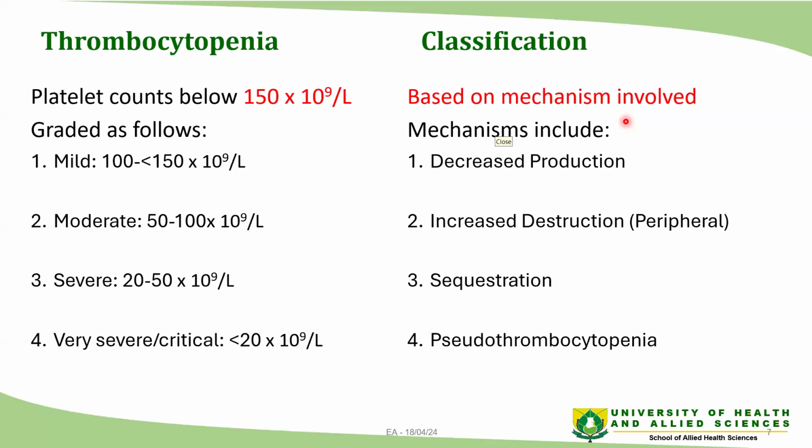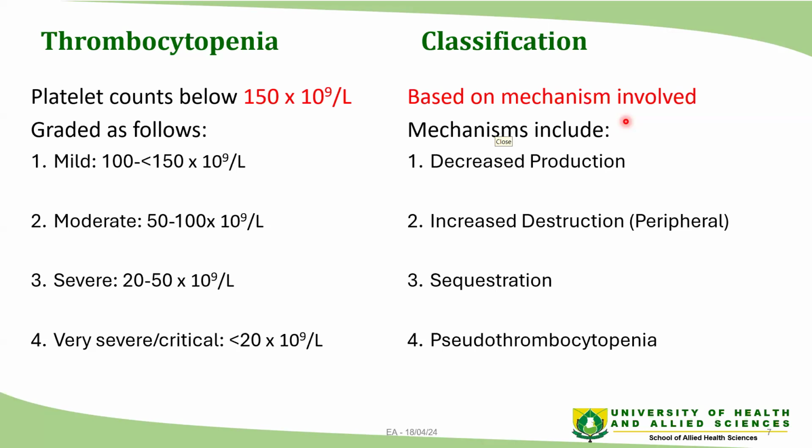Now, when there is thrombocytopenia, it's important for you to be able to tell what is causing the thrombocytopenia. Hence, it's important to understand and to know by which mechanisms you could have the platelet numbers decreasing. So the mechanisms include a decreased production.